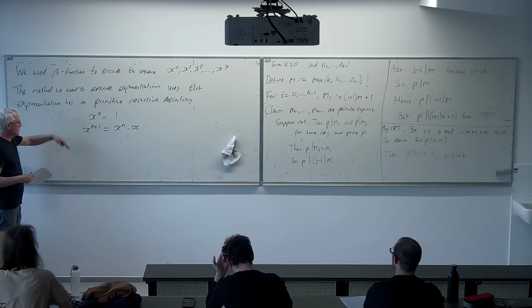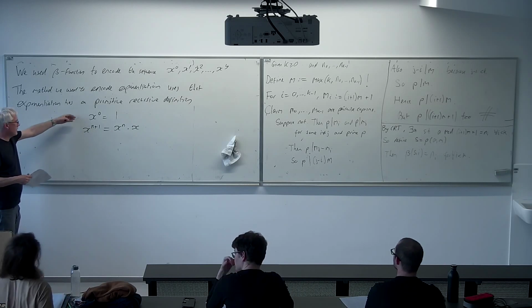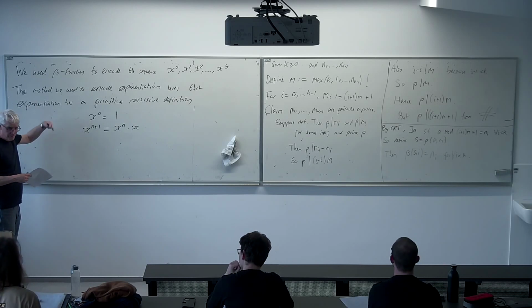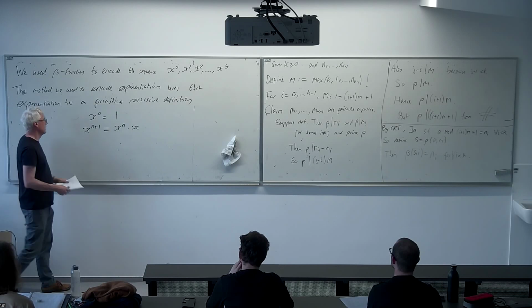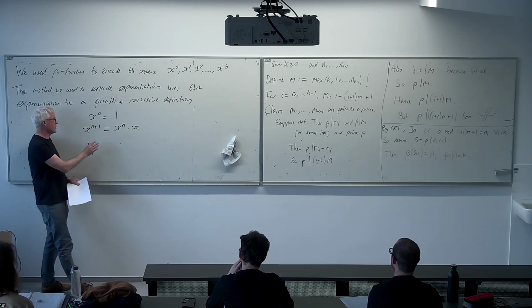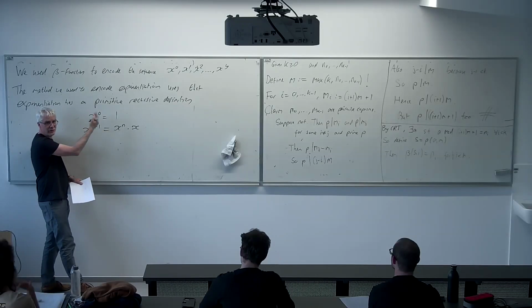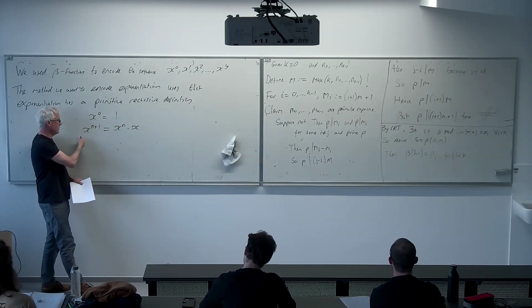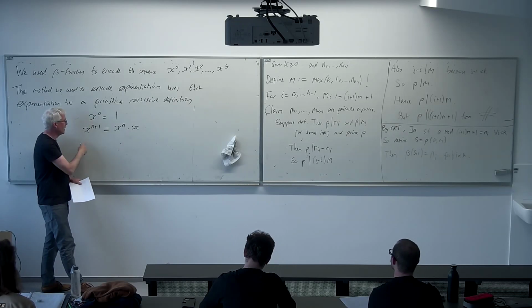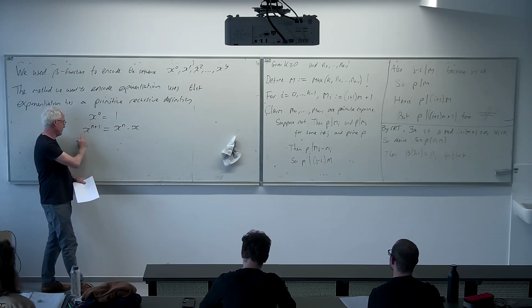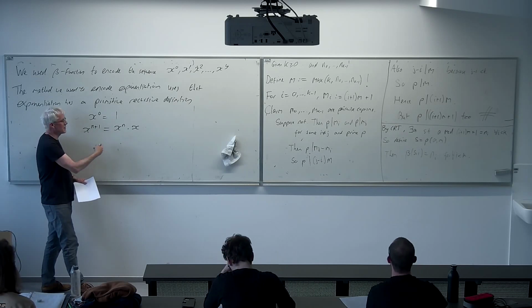And in fact, there's a general way of defining functions by primitive recursion that generalizes this to any function that you can define by a similar method, in which you have one base case for 0, and then the value on a successor is defined recursively in terms of the value on the predecessor.